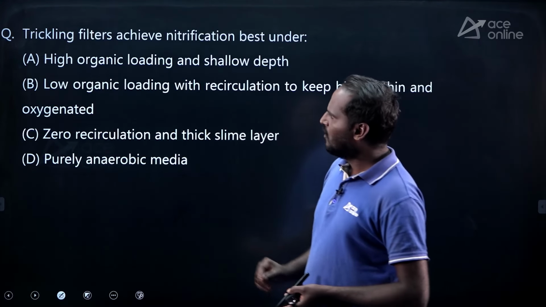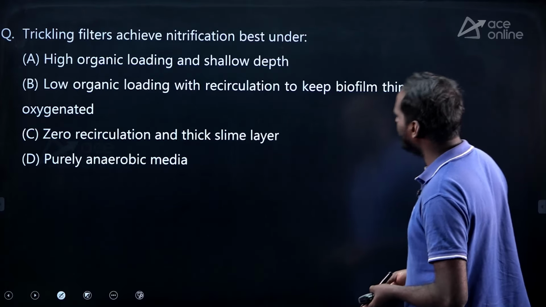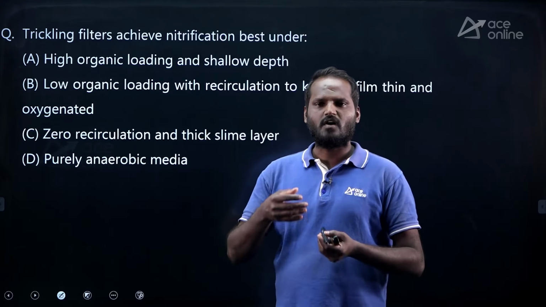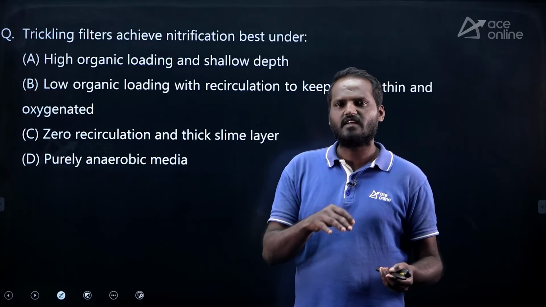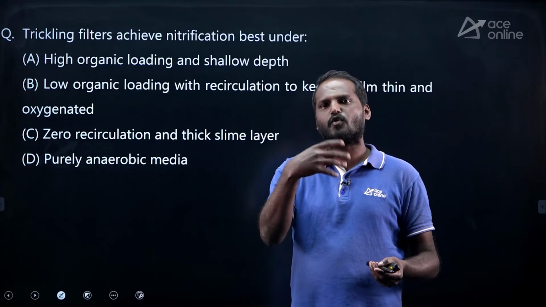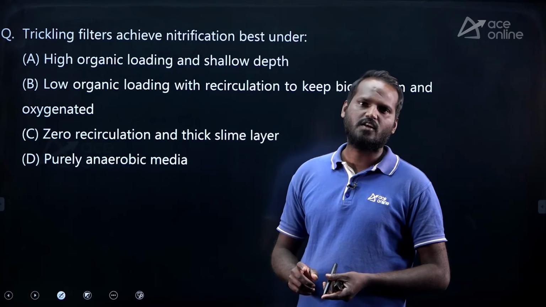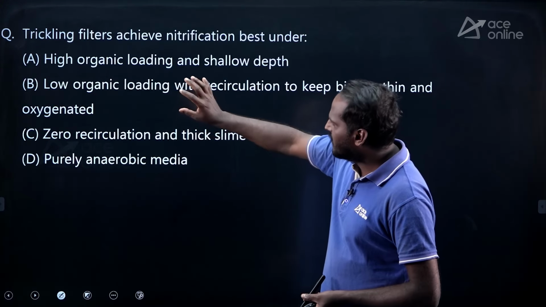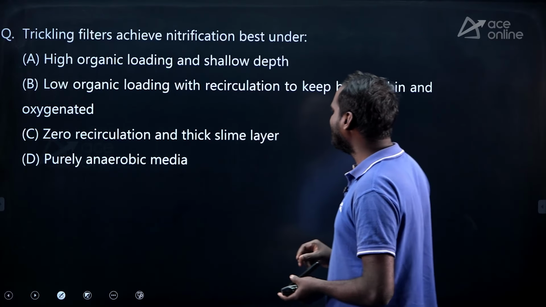Look at the second, low organic loading with recirculation to keep biofilm thin and oxygenated. If you have a recirculation arrangement for the trickling filter, it will get properly oxygenated, which enhances better removal of organic load, and nitrification can be enhanced. Look at the other also, zero circulation and thick slime layer.